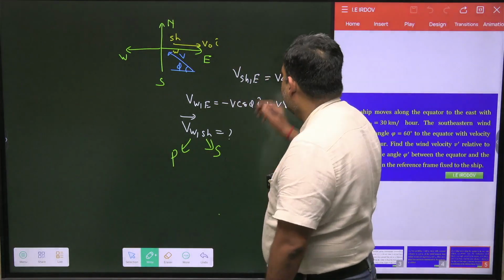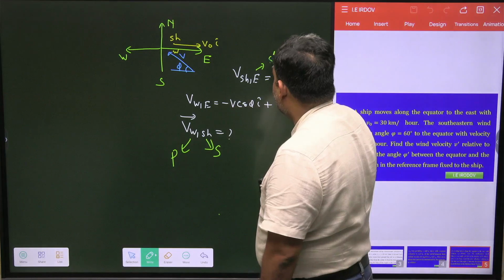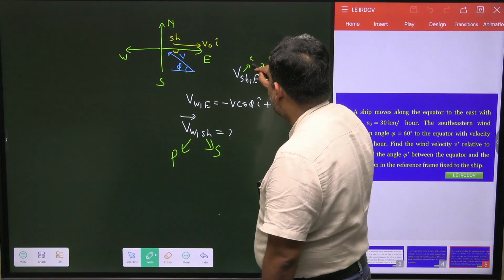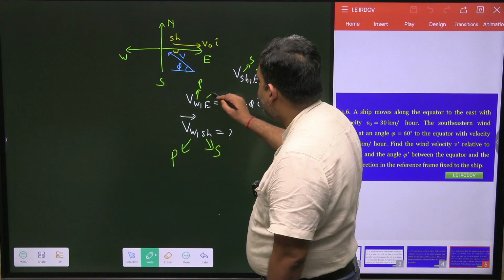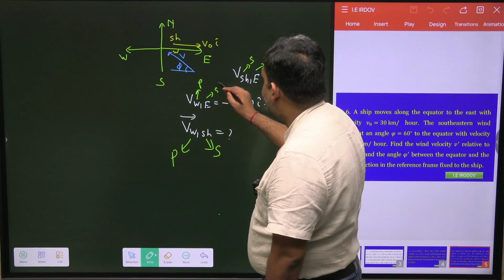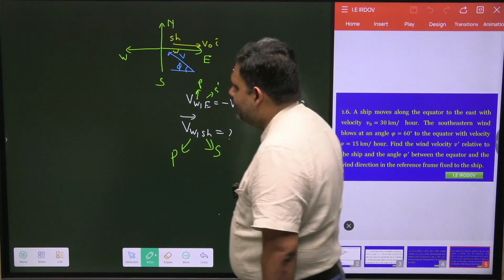And this earth is my S dash frame. So this ship is my S frame, this is the S dash frame, and the wind is my particle. What is given?